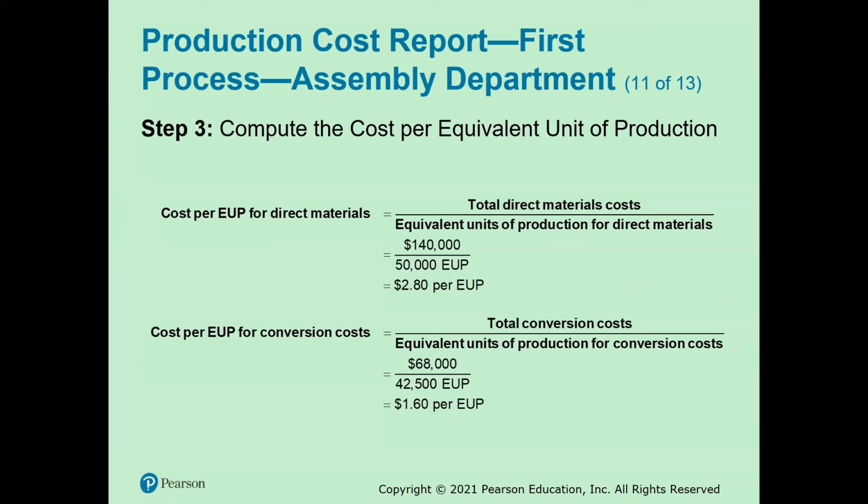Because the equivalent units of production differ, we must compute a separate cost per equivalent unit of production for direct materials and for conversion costs. So the cost per equivalent unit of production for direct materials is $2.80 per EUP. And the total cost per equivalent unit of production for conversion costs is $1.60 per EUP.